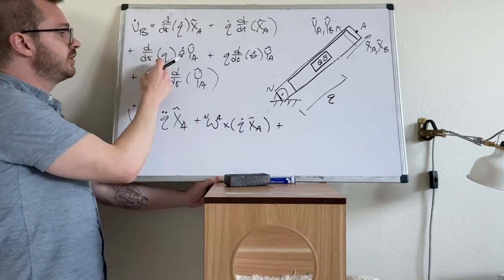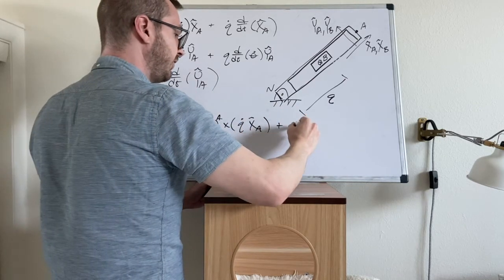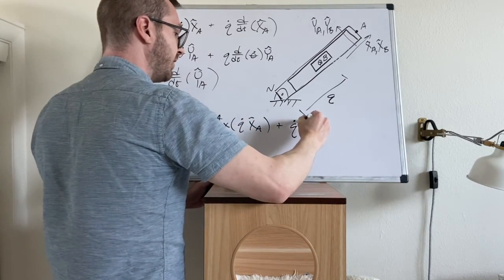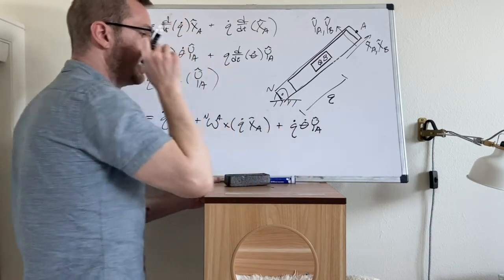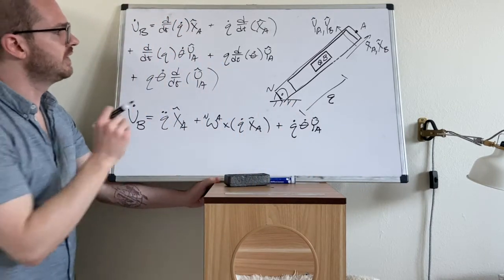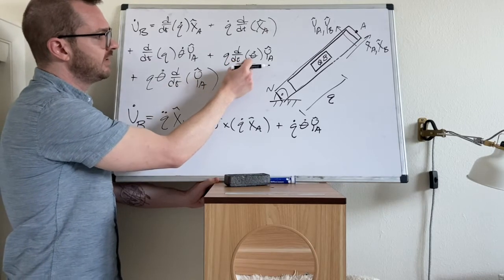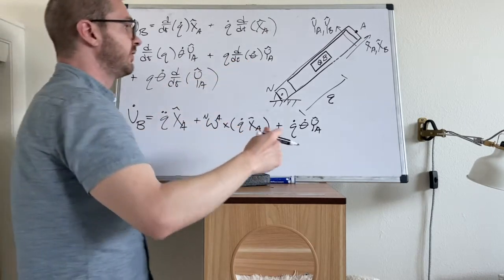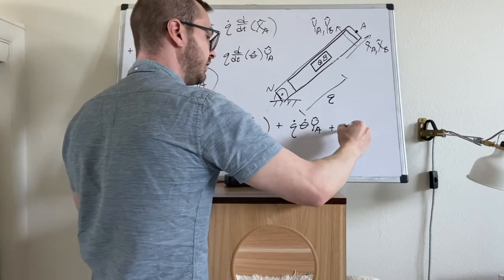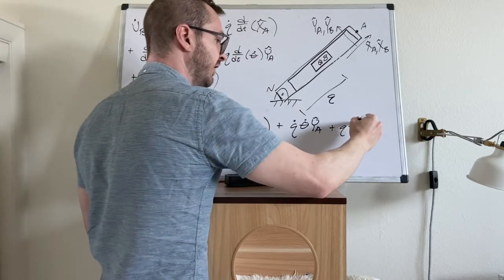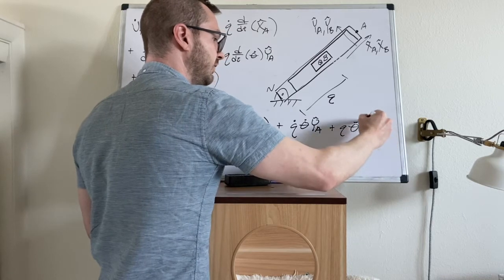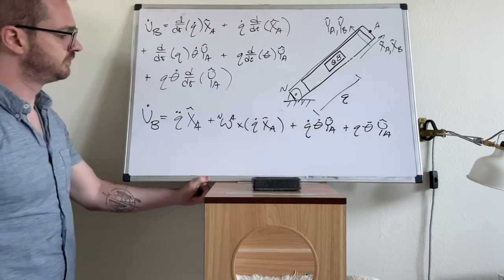Next, ddt of the next term. So ddt of q yields q dot, and then multiply by theta dot y hat a. The next term, it's ddt of the theta dot. So plus q, ddt of theta dot yields theta double dot, still in the y hat a direction.